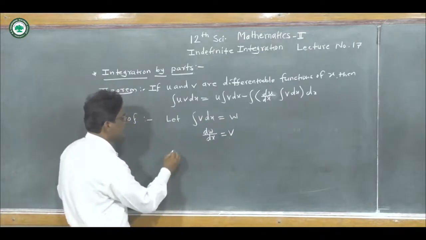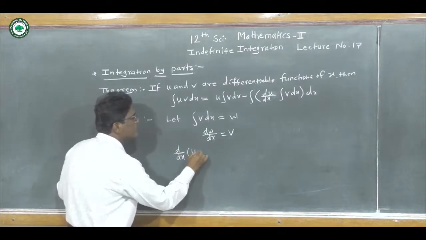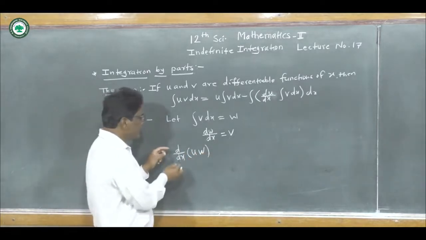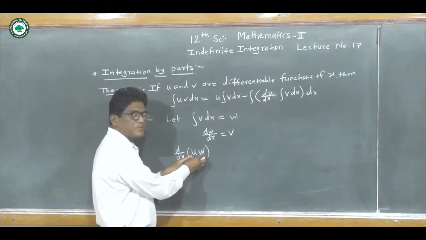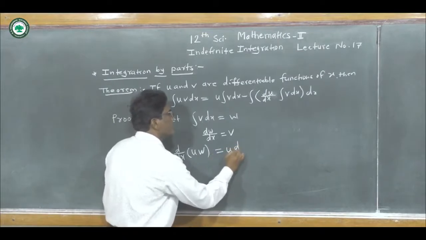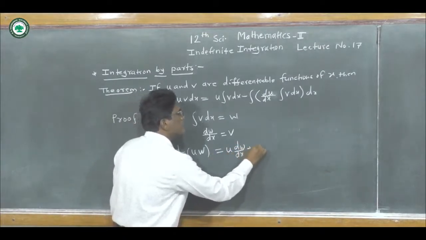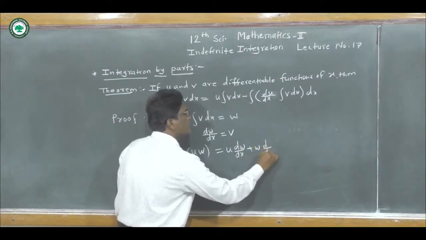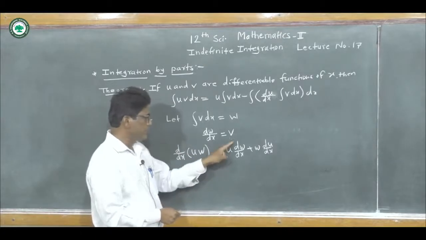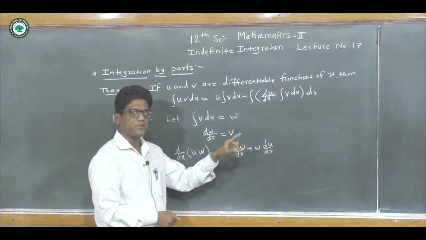Now we take here, let d by dx of uw. We know the derivative of product of two functions. We know this rule. So this is equal to u into derivative of w plus w into derivative of u. d by dx of uw is equal to u into d by dx of w plus w into d by dx of u.